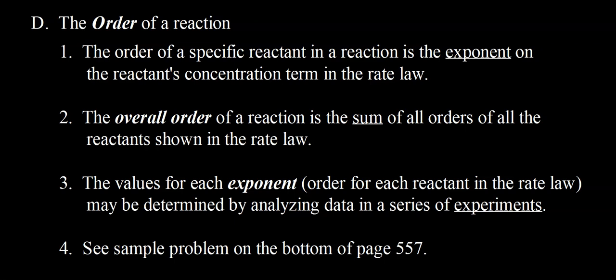You take certain amounts of your reactants, combine them, measure the rate of the reaction, and then use that data to determine what effect the concentration of that substance has on the rate. That's the whole goal here, and that's what orders tell you: how much of an effect does changing the concentration of a particular substance have on the rate of the reaction?